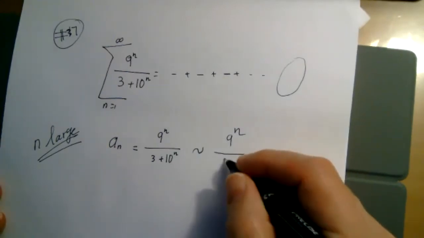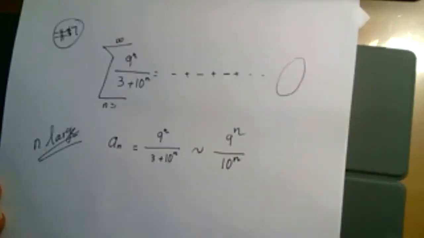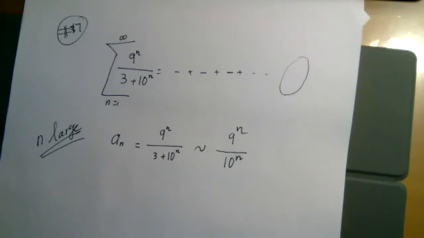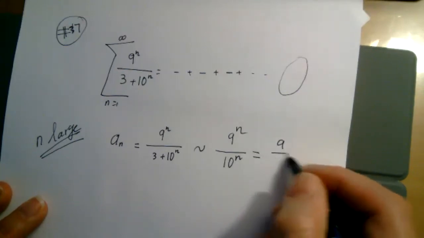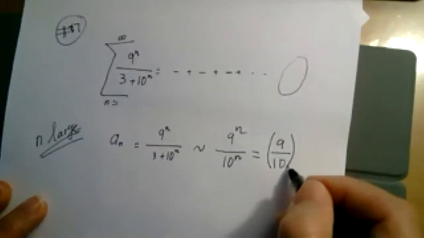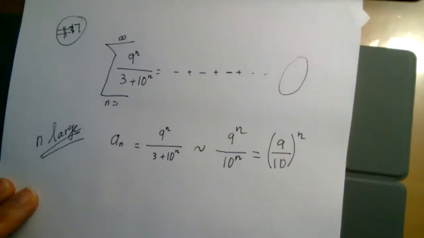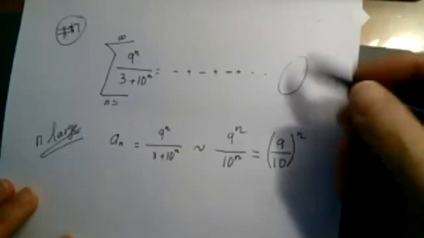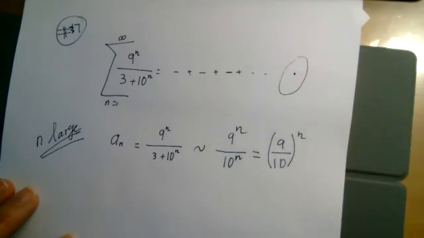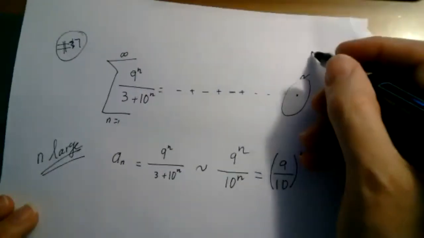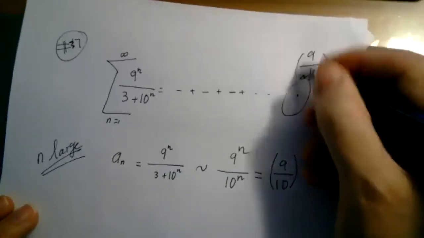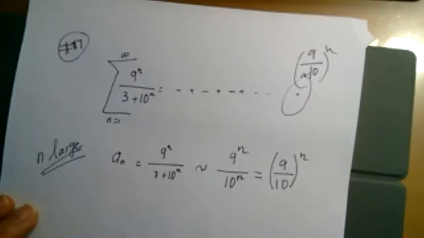So the denominator is actually 10 to the power n. That's how we're going to think about it. So now this is nothing more than 9 over 10 to the power n. So when n is large, the terms a_n have almost the same value, not equal, as (9/10) to the power n. Very much so.